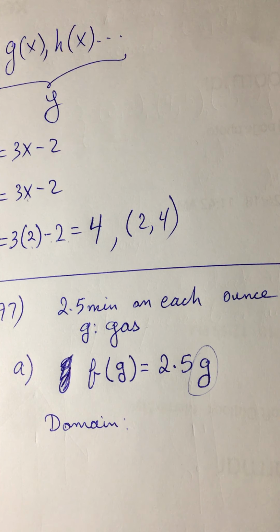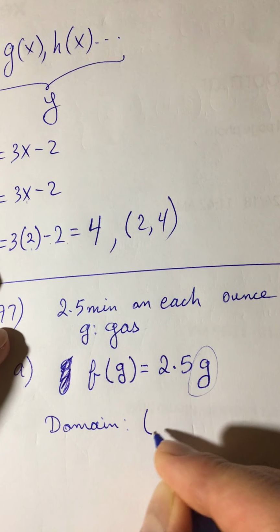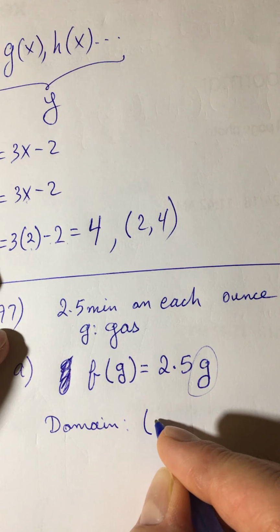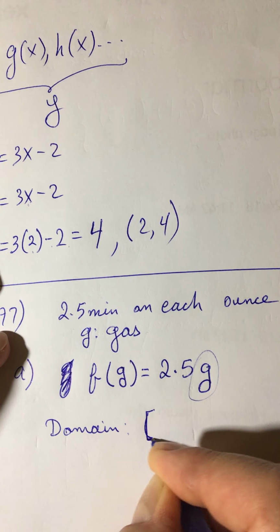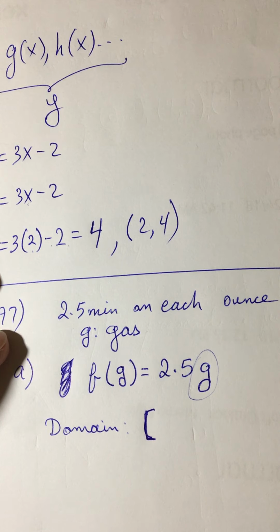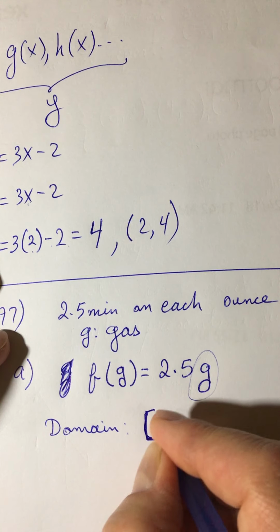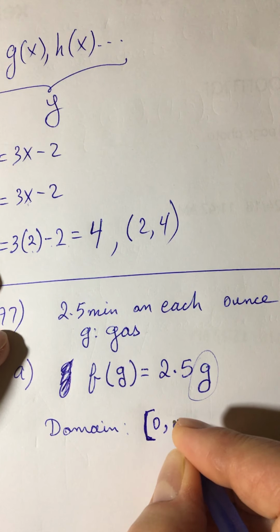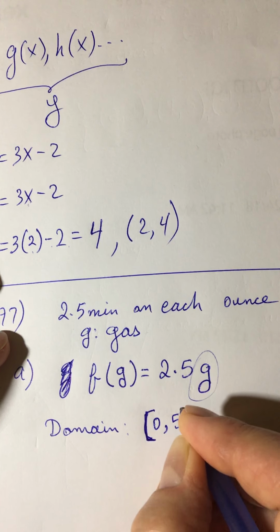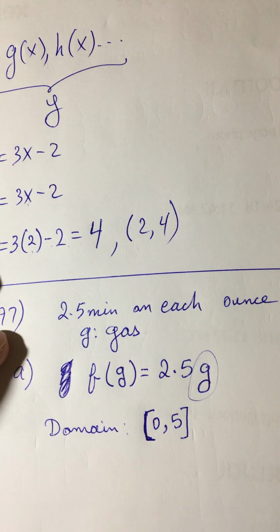Can you fill it with more than 5 ounces of gas? No. So your domain is from 0, I'm going to put brackets here because 0 can be a number for the domain, all the way to 5. So that's my domain.